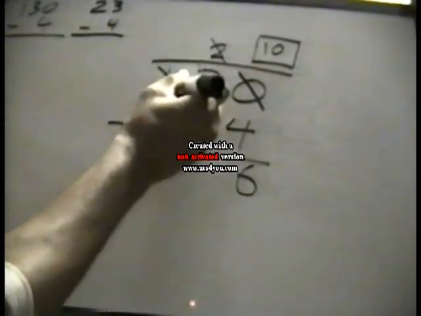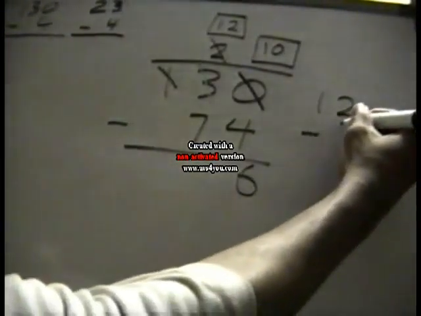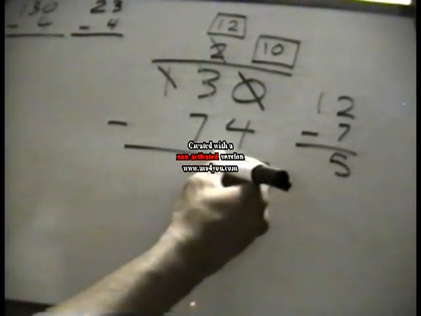Okay, so we cross out that 2. Cross out this 1. We have the 12 here. Now we have 12 minus 7, which is 5.